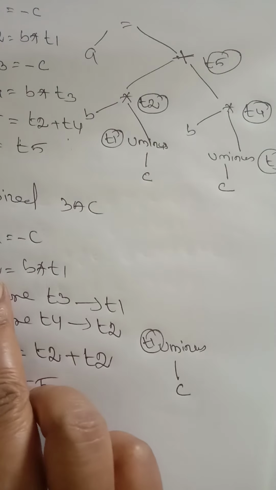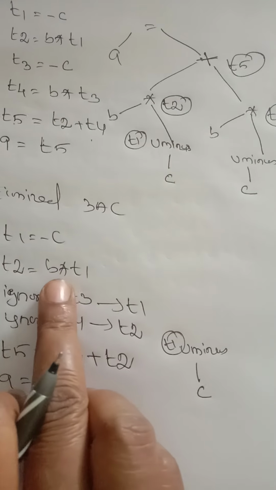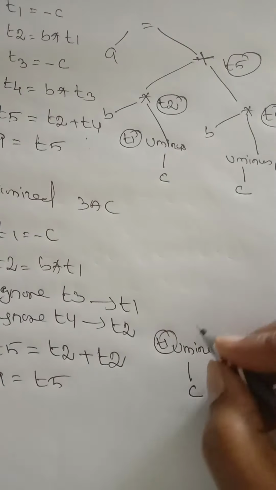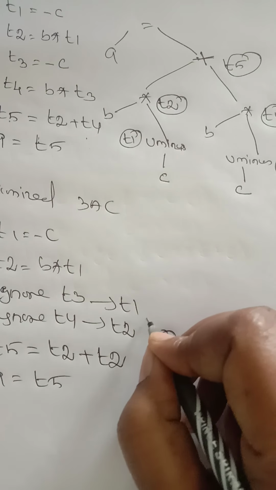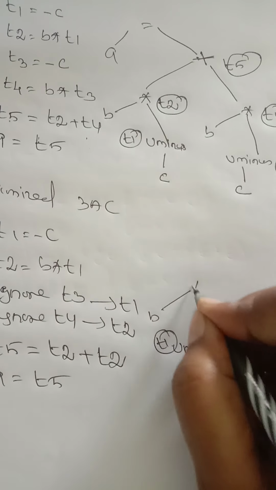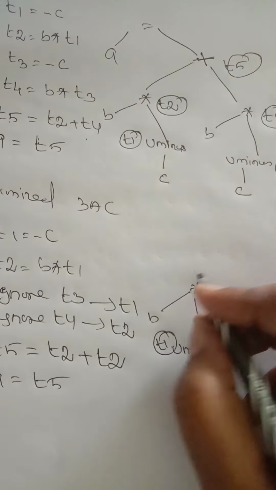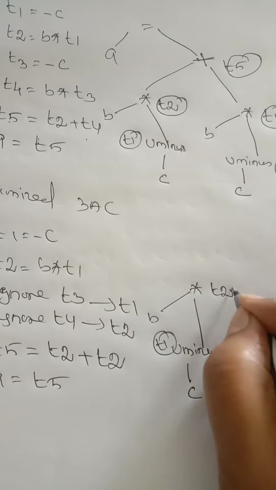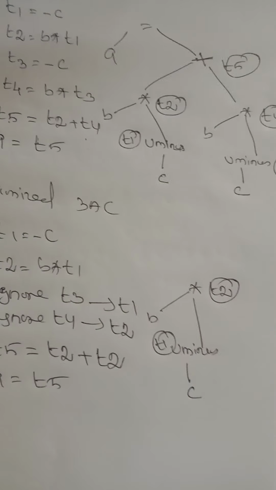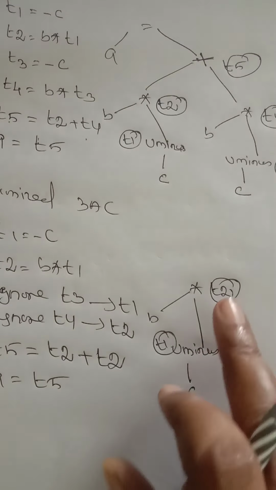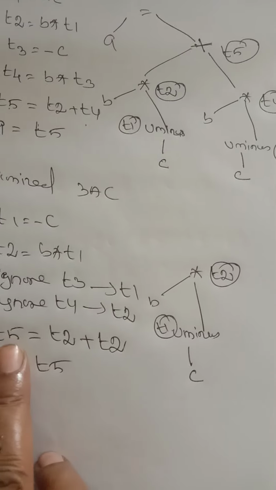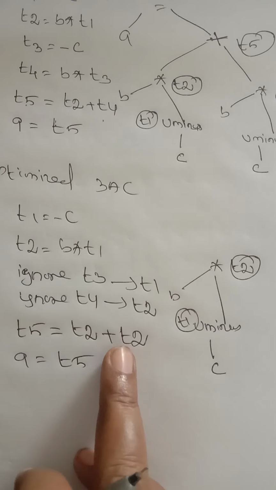Now T2 equal to B into T1. So variable B into T1 is called T2. Next, T5 equal to T2 plus T2.